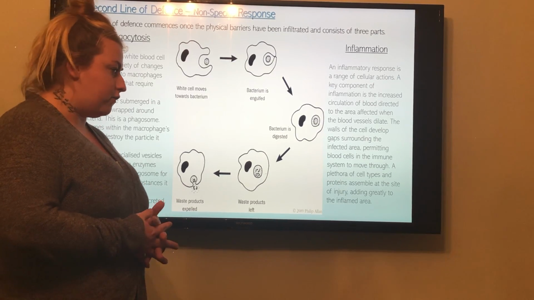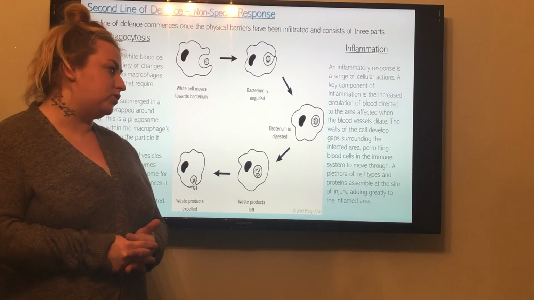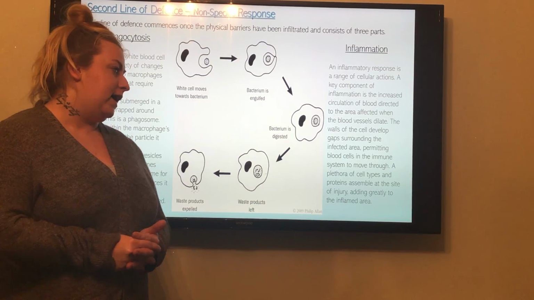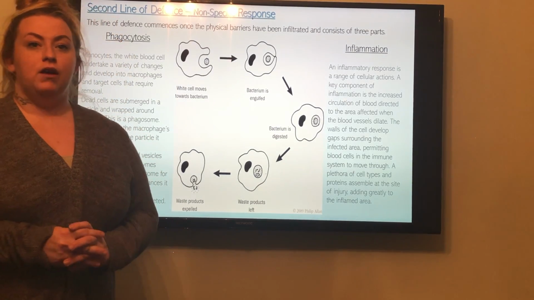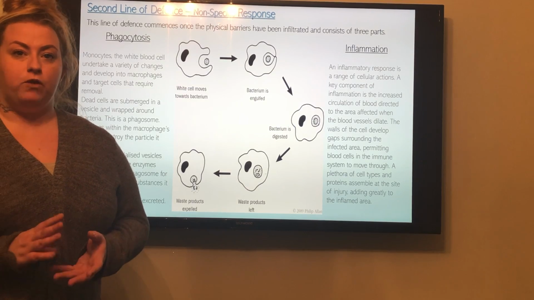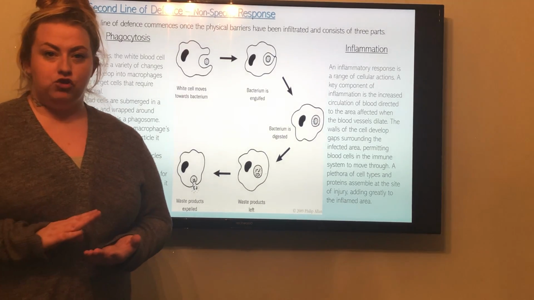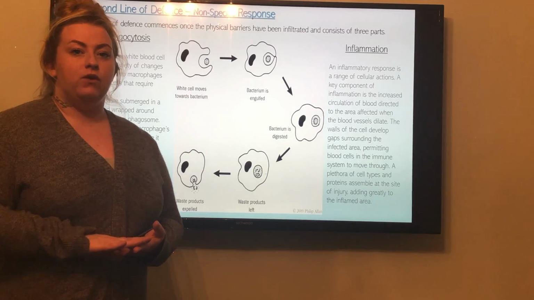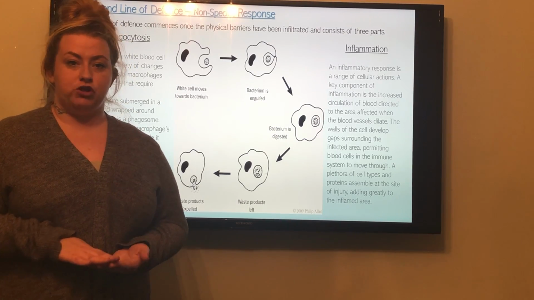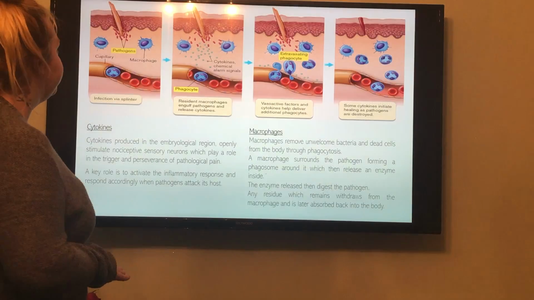A plethora of cell types and proteins assemble at the site of injury, adding greatly to the inflamed area. The key indicators of inflammation are red coloration of the skin or warmth to the touch, swelling due to the amount of blood at the site, and also pain due to the pressure of tissues on nerve cells.